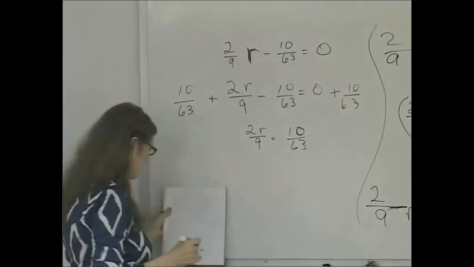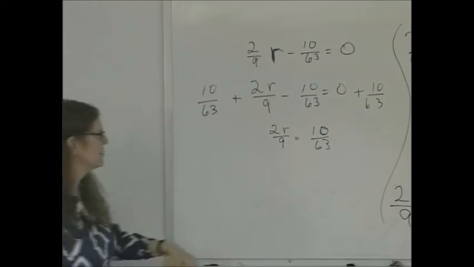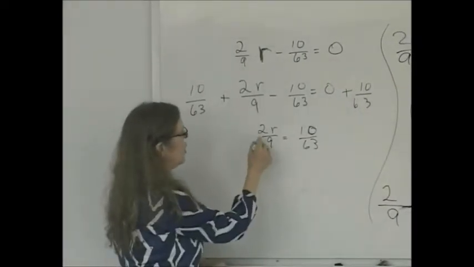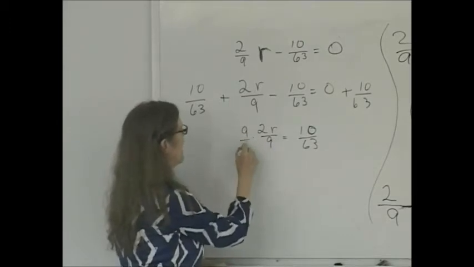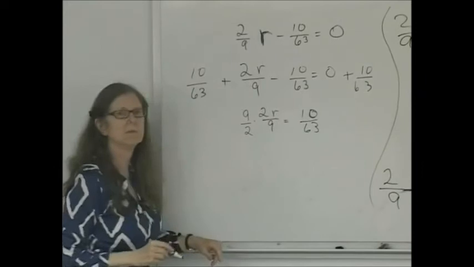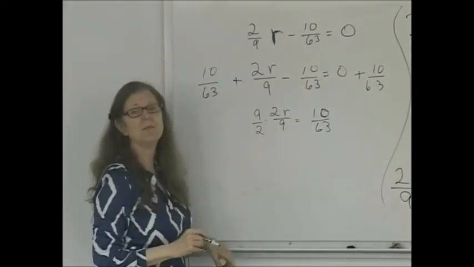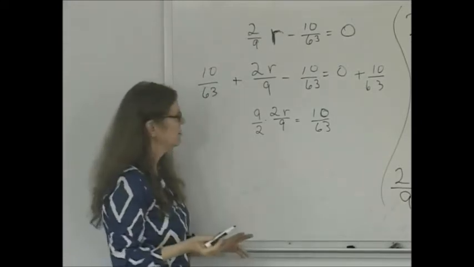Now, how am I going to get r by itself on one side? If I take 2r divided by 9 and I multiply it by 9 over 2, then this will be 18r over 18, which is like 18 over 18 times r, or just plain r.